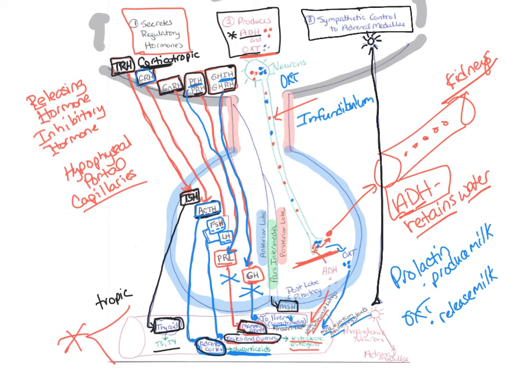That preganglionic neuron will exit somewhere between T1 and L2 and will go all the way out to the adrenal medulla and will cause the adrenal medulla to release both norepinephrine and epinephrine, and you'll get a sympathetic response.